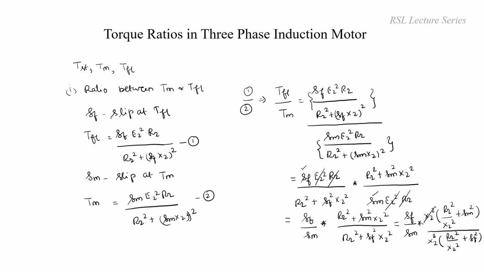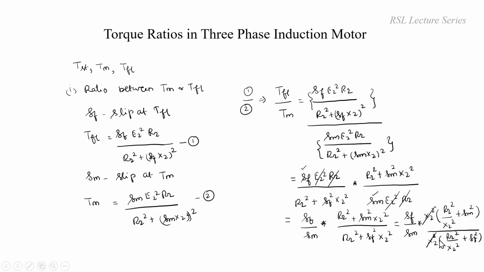Now this X2 square and X2 square will get cancelled. The remaining terms will be SF by Sm times (R2 square by X2 square plus Sm square) whole divided by (R2 square by X2 square plus SF square).